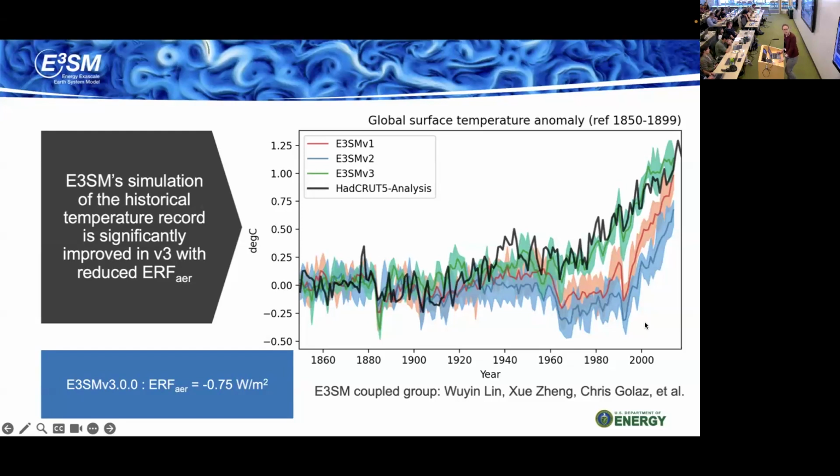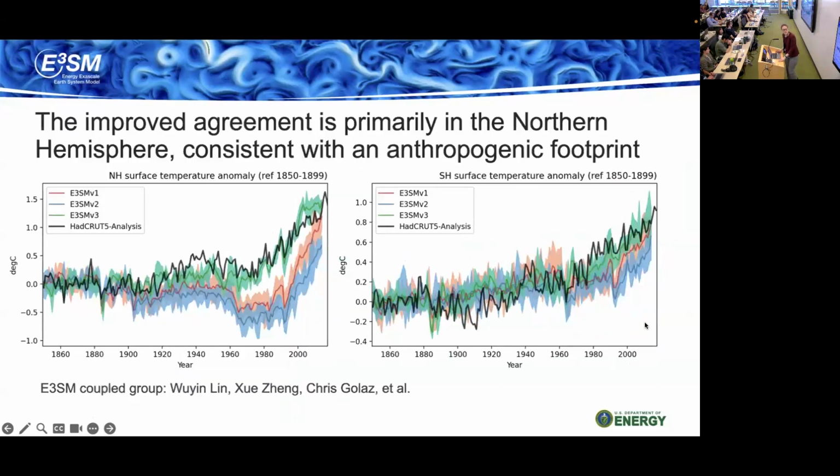We're currently doing more analysis to quantify some of the specific mechanisms by which the aerosols changed and how they're affecting this temperature change. And I wanted to show here that this improvement in the agreement is really mainly in the northern hemisphere, so that's consistent with it being due to an anthropogenic signal from the aerosol.